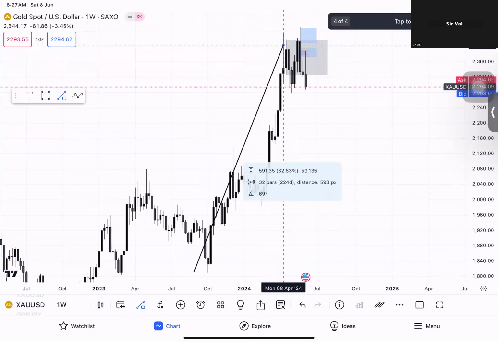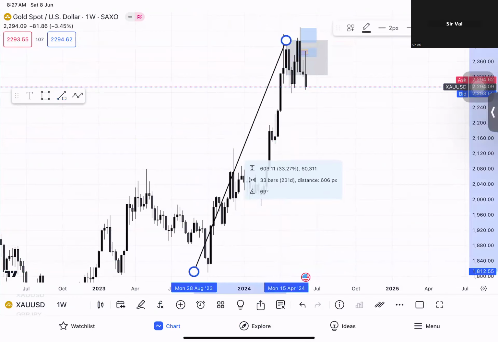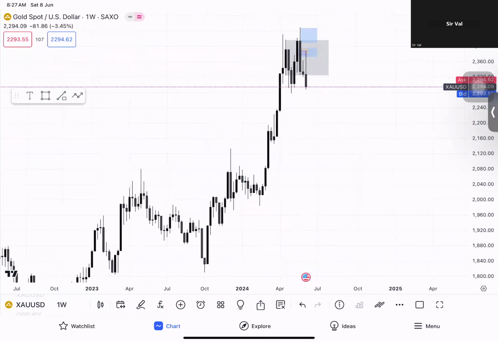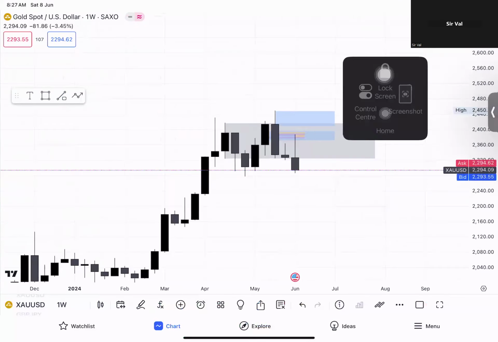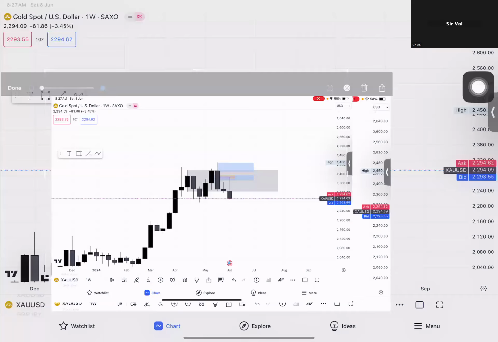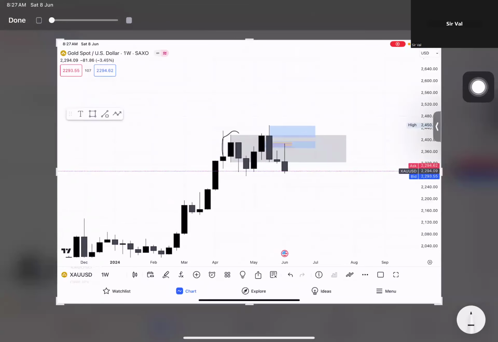I secured here at 6,000 because the weekly zone had been created, so the possibility is that the price will come to here.